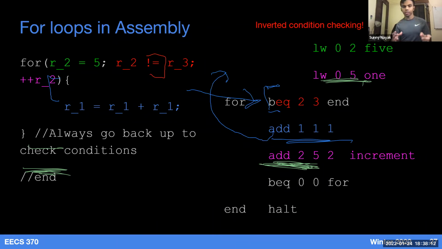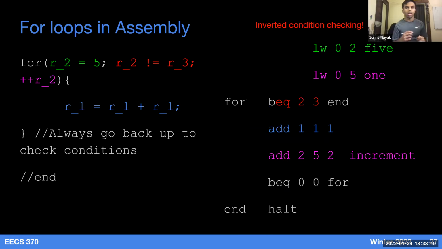We have a condition, really similar to our while loop, that we are going to constantly check, and we're also going to have a certain operation that we're going to perform every time we perform this loop. So in the case of the example here, we initialize register 2 to 5.